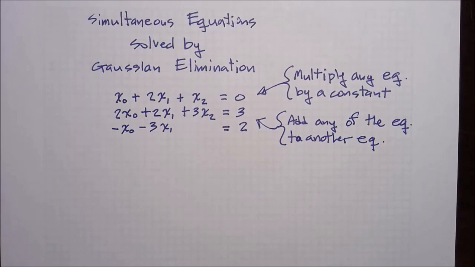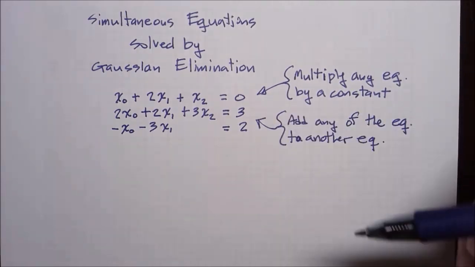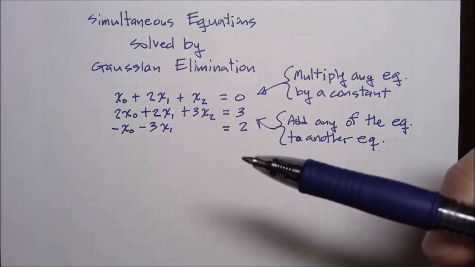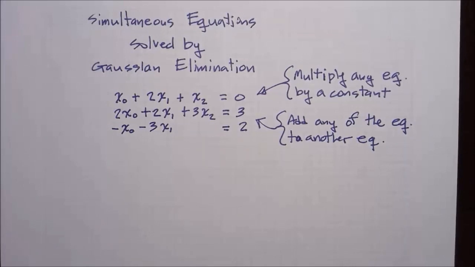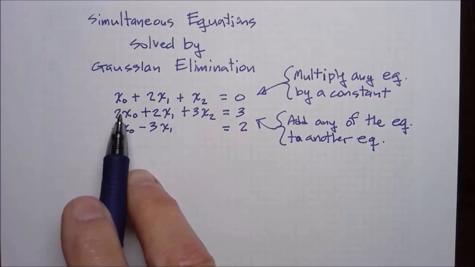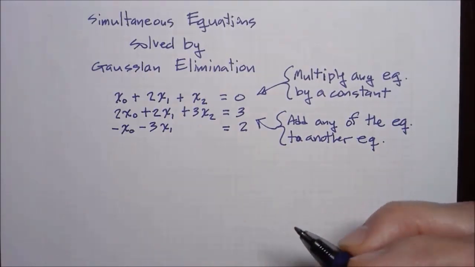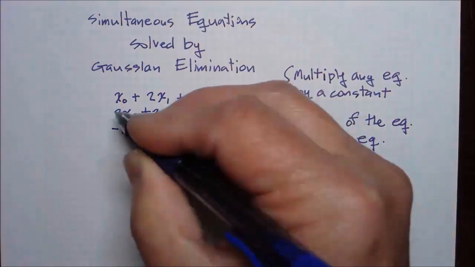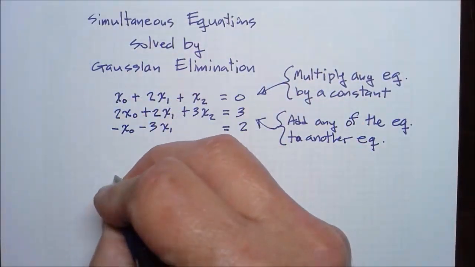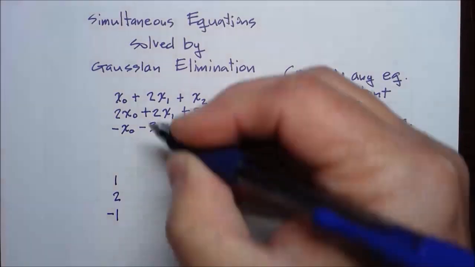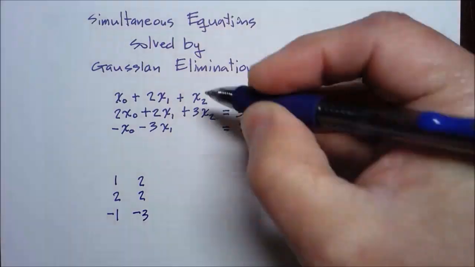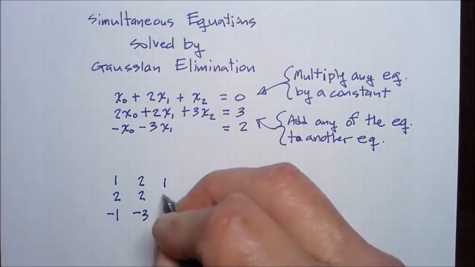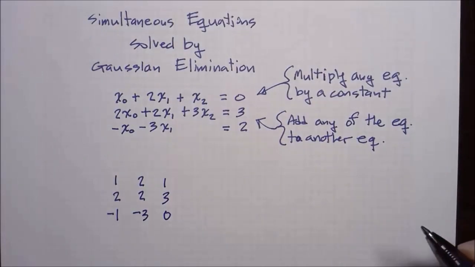What I want to do now is write this set of equations in matrix form, because we will use matrices in our programming to solve this set of equations. So I can write a square 3 by 3 matrix, and I'll go column by column with 1, 2, minus 1 in the first column, 2, 2, minus 3 in the second column, then 1, 3, 0 in the third column.